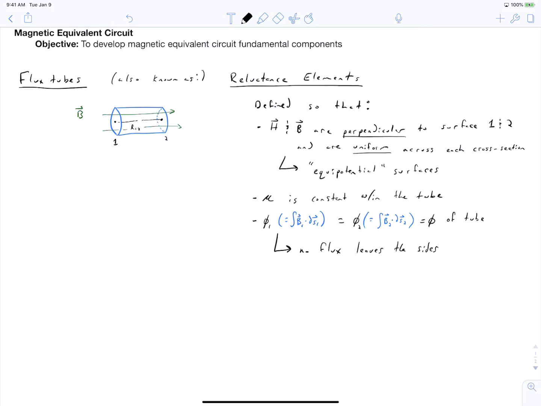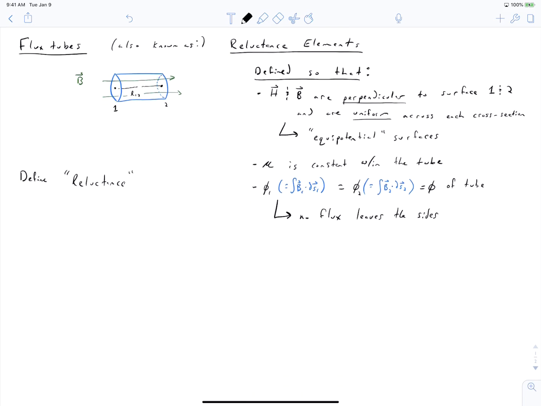So with these assumptions, or with this definition of our flux tube, let's now talk about reluctance again. And we define reluctance similar to resistance. So when we talk about electric resistance, we say that's equal to our voltage divided by our current, and voltage is equal to negative integral of E dot dL from surface 1 to surface 2.